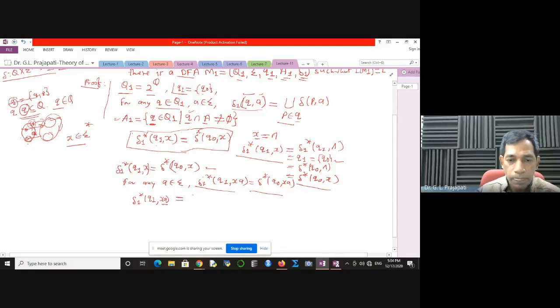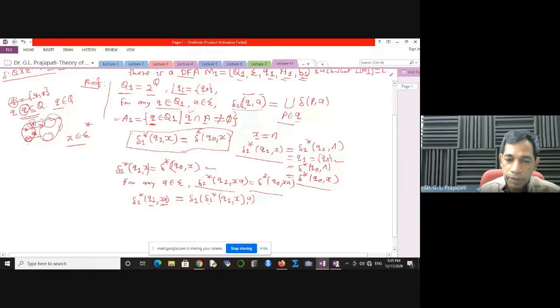So you have delta 1 star (Q1, x), then you have a. The definition of delta star in your DFA says that if you are in some state and you have the string xa, you first need to know, on accepting the string x in case of the DFA, where you are going.